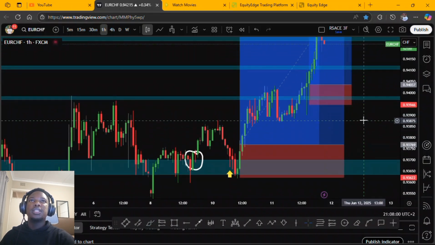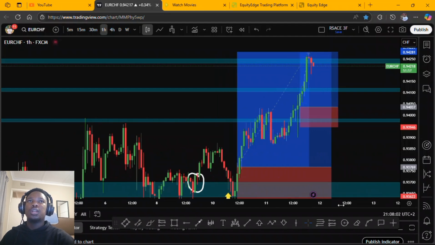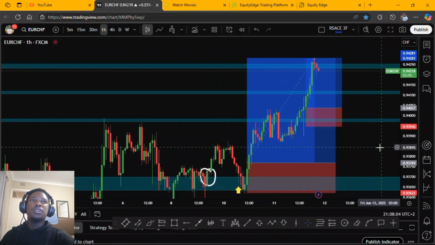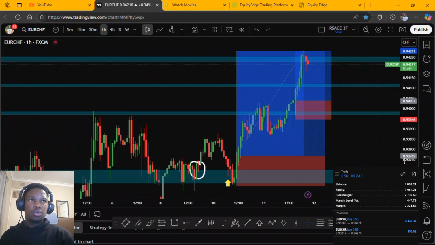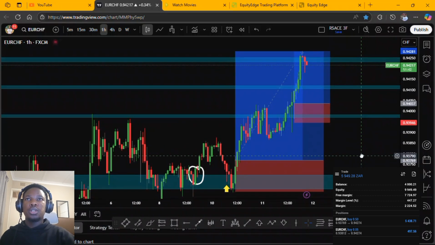So if you are looking at this pair, we know that euro pairs, most of the time they move a lot during Asian session, like around 2 o'clock and 3 o'clock in the morning, in the early hours of the morning.